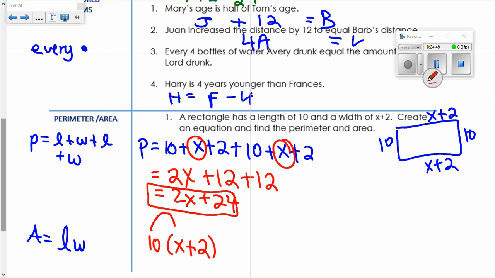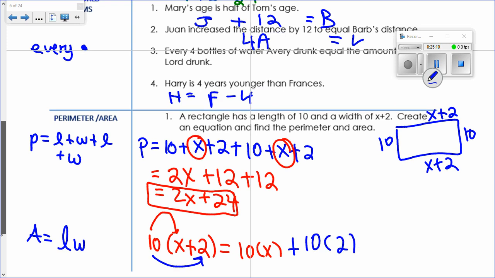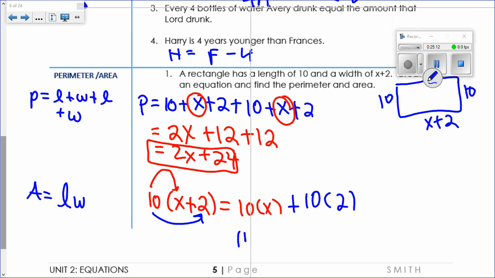What's the first term inside? x. It becomes 10 times x plus 10 times 2. Come down, simplify, you get 10x plus 20. Circle your answer. You distribute.